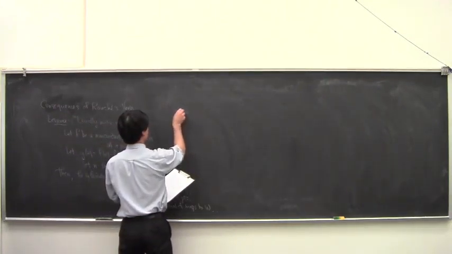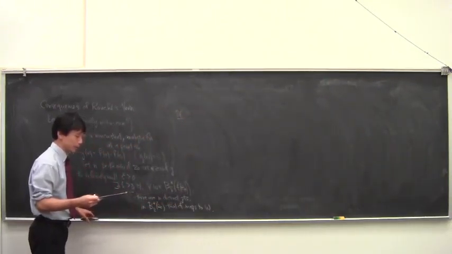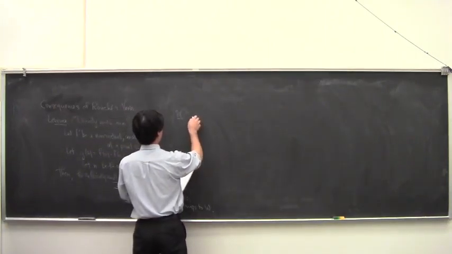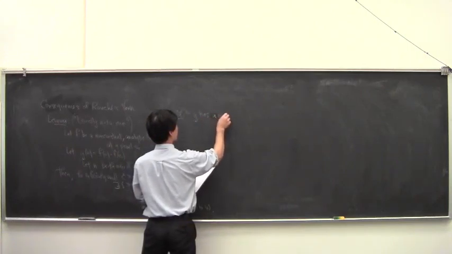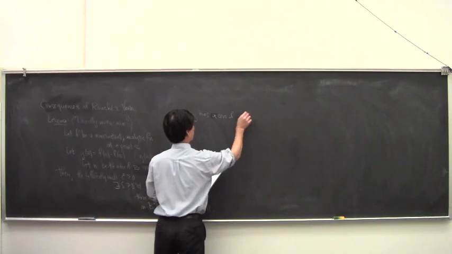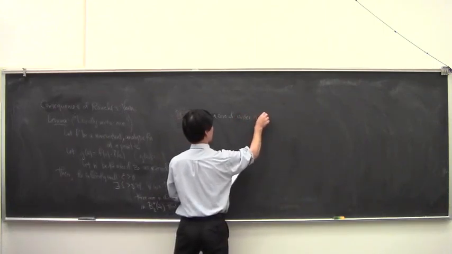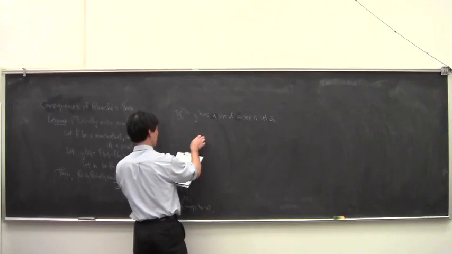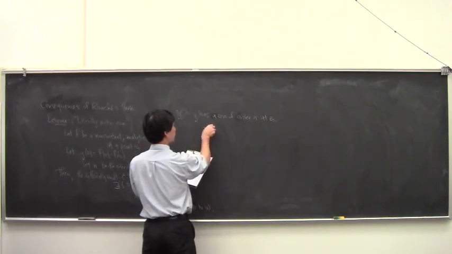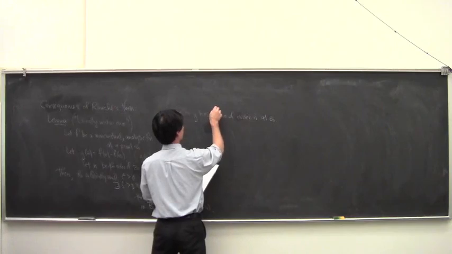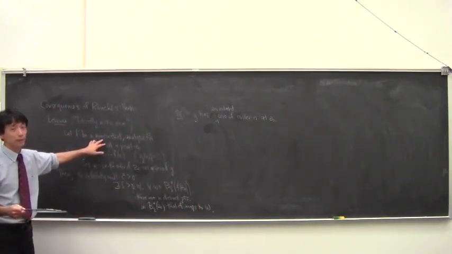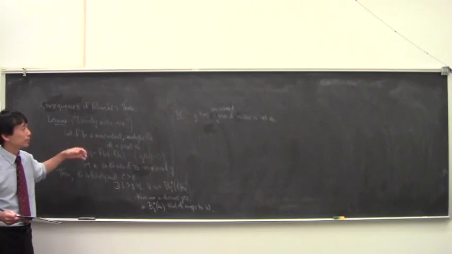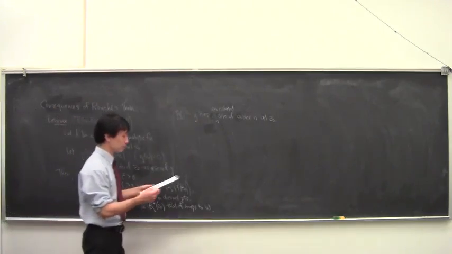So the proof of this relies on Rouché's theorem. Okay, G has a zero of order n at z naught, and it's an isolated zero, because your function is not constant.